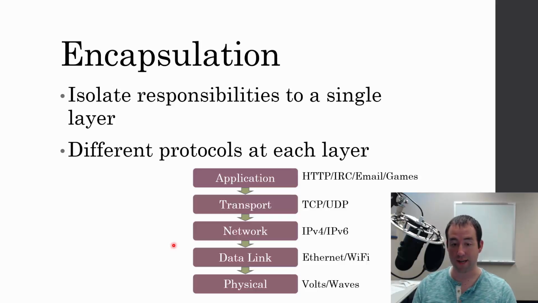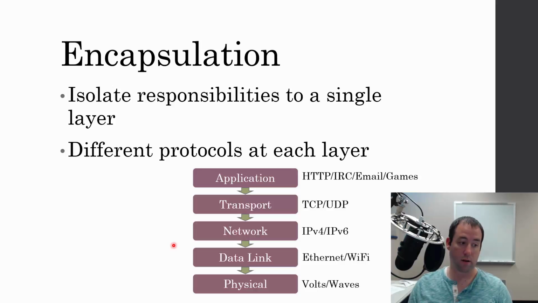Ethernet and Wi-Fi, the data link layer protocols, handle everything at those layers and make sure that things happen the way that they should, and they take care of their business. And then again, at the physical layer, if you're physically connected, you're going to be using voltage to transmit ones and zeros over a wire.